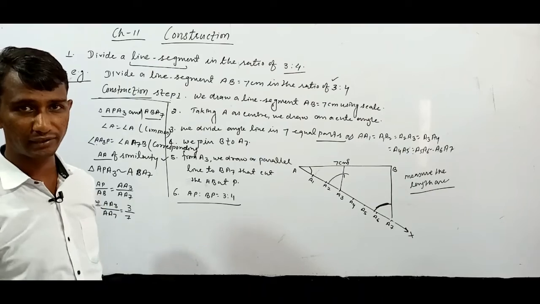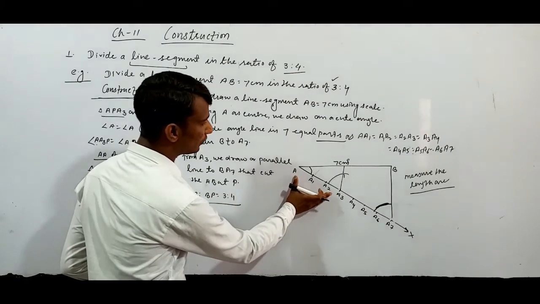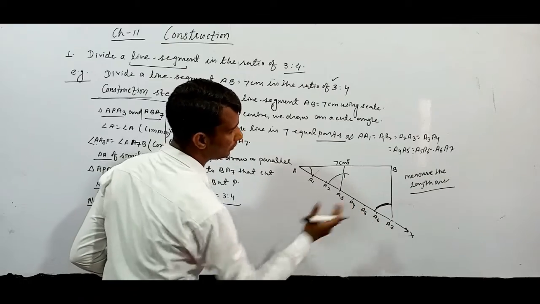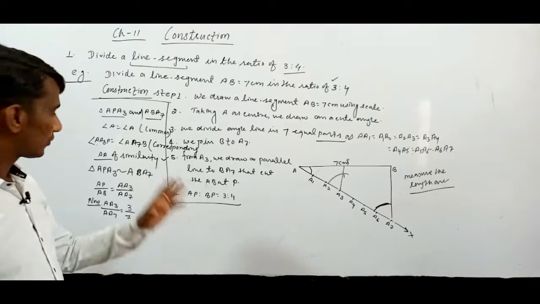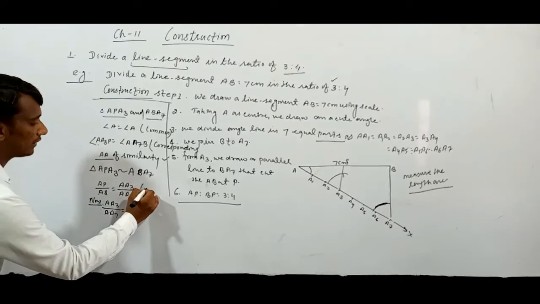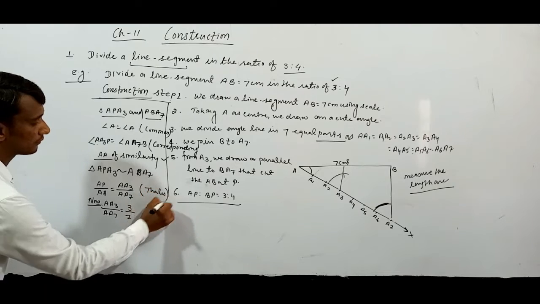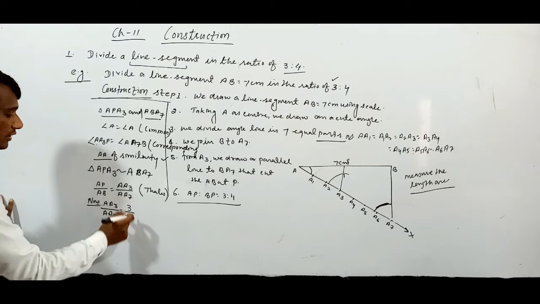We subtract 1. We need to find the ratio A3 to A7. For this, using the basic proportionality theorem, you can write Thales theorem. Now we have applied this and we get the ratio 3:4.